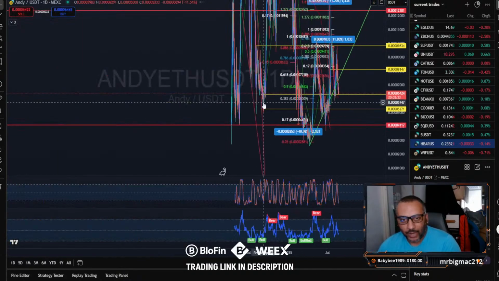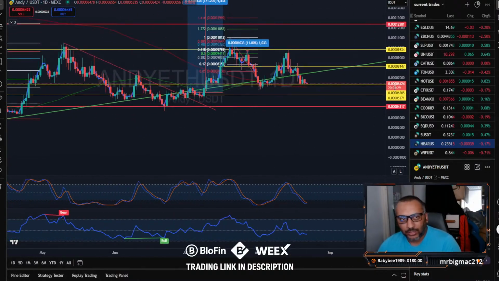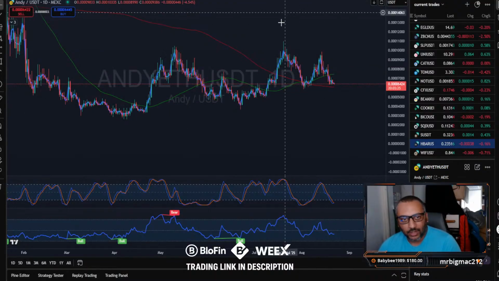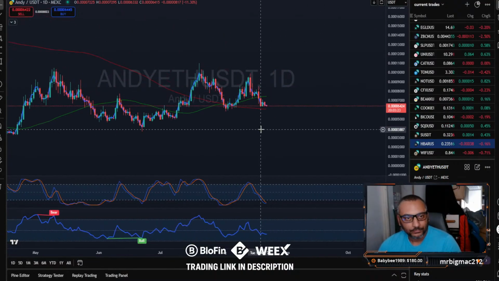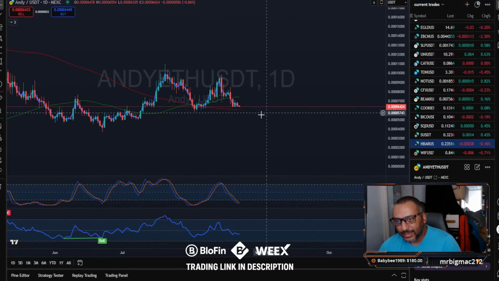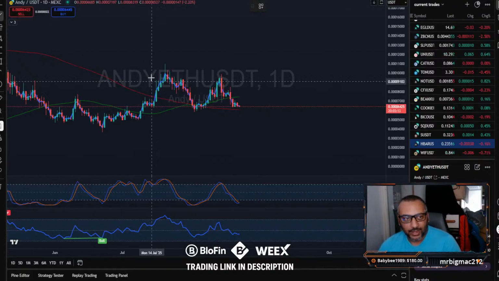Let's zoom out here for Andy ETH. It's struggling. So we're gonna just focus in on this section here. We have a nice bullish cross on the daily. The only thing that's not in the favor of Andy ETH right now is that the market's scared.